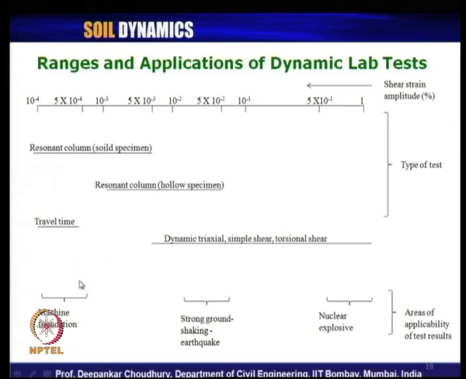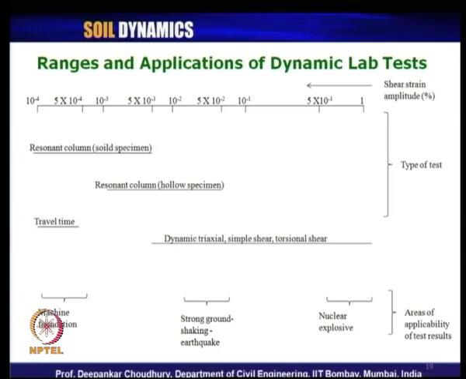Whereas, if you handle problems related to machine design, in a machine design problem your machine foundation and corresponding soil mass are subjected to very low values of shear strain amplitude compared to the other two cases, in the range of 10 to the power minus 4 to 5 into 10 to the power minus 4 percent of shear strain typically. Why?